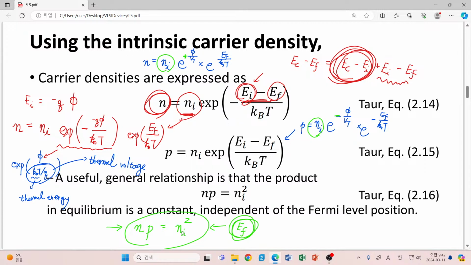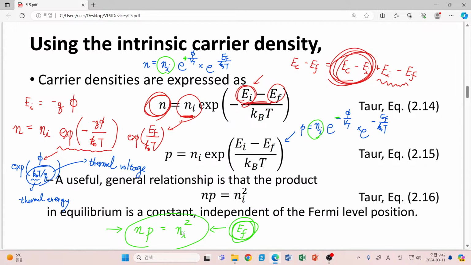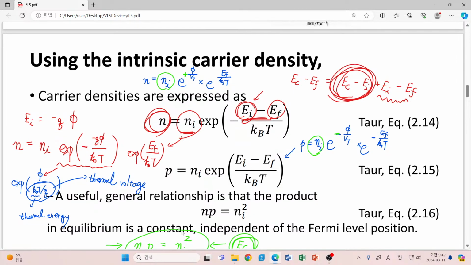Of course, we must understand this is not exactly accurate, because our starting equation, for example n equal to n sub i exponential something, is already obtained from certain approximation. The major approximation was what? The expression for distribution function.